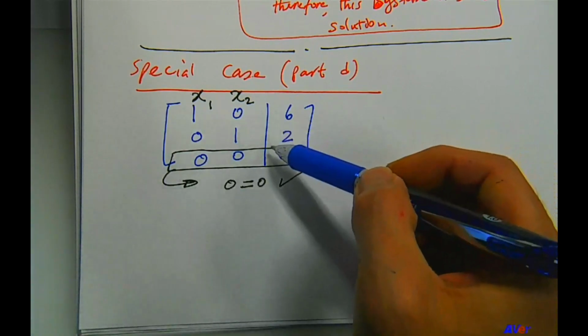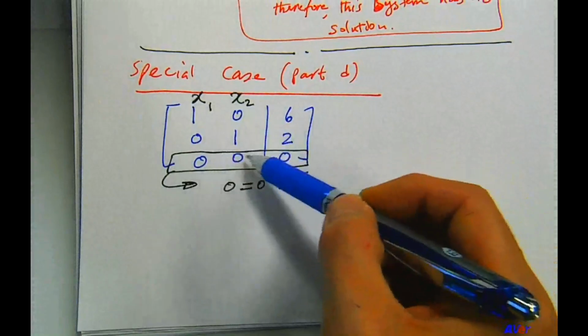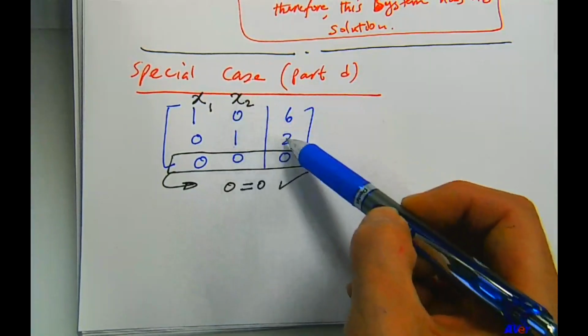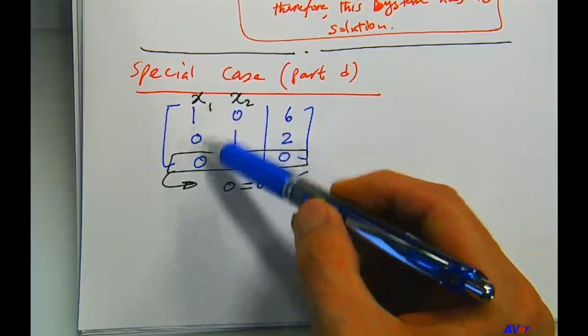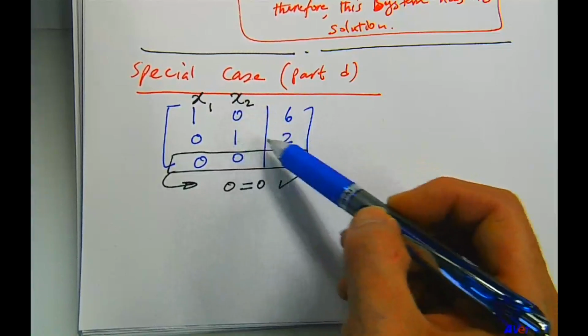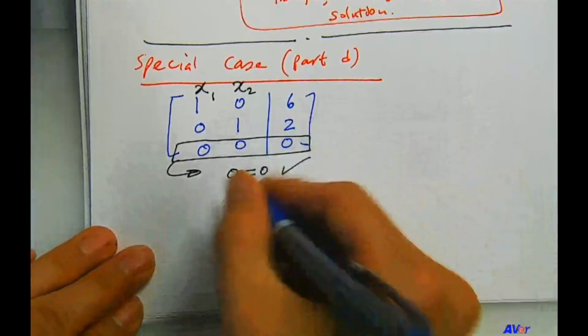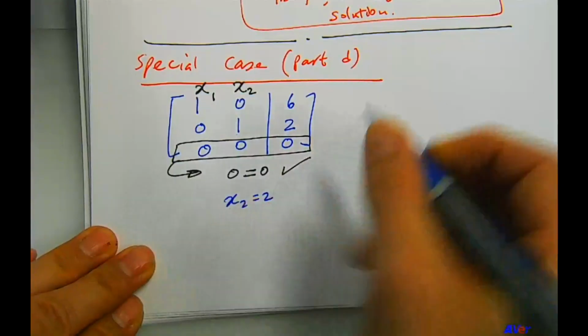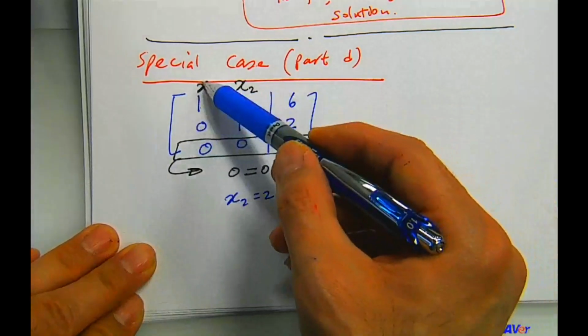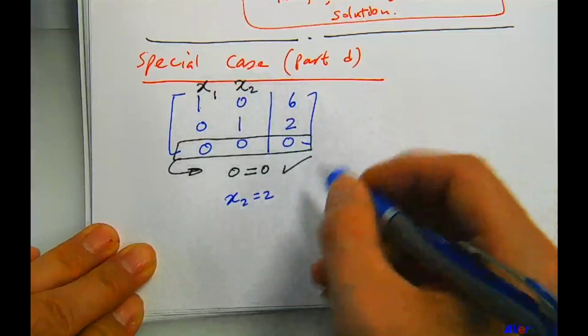Now let's move up one more row to the middle row. That one is telling us that x2 equals 2. There's not going to be any x1 from this row. 1 times x2 is x2 equals 2. The very top row is telling us that 1 times x1, x1 equals 6.